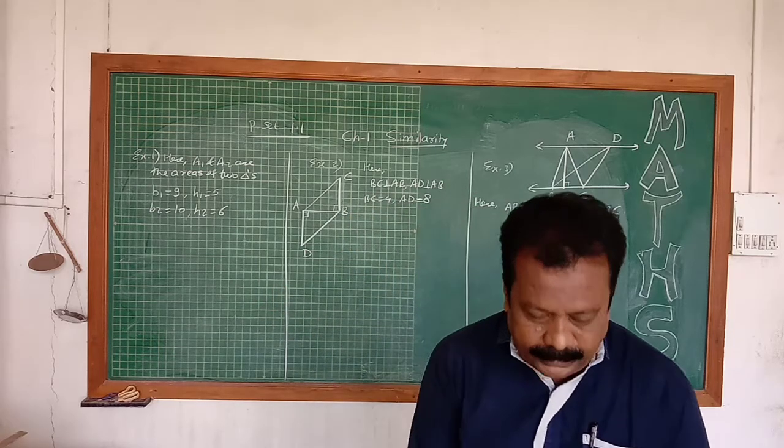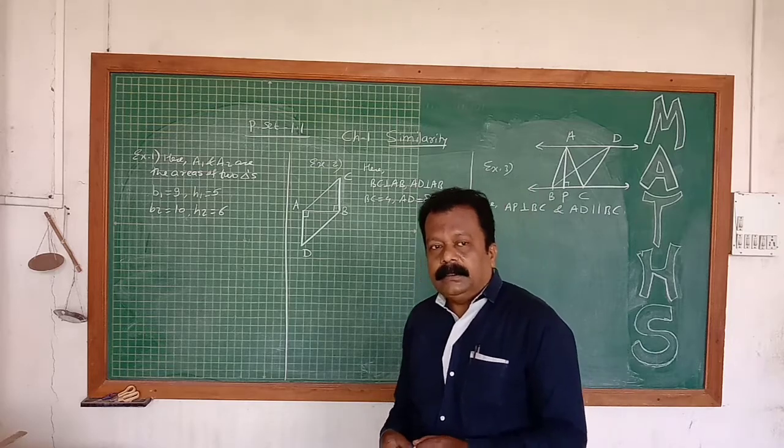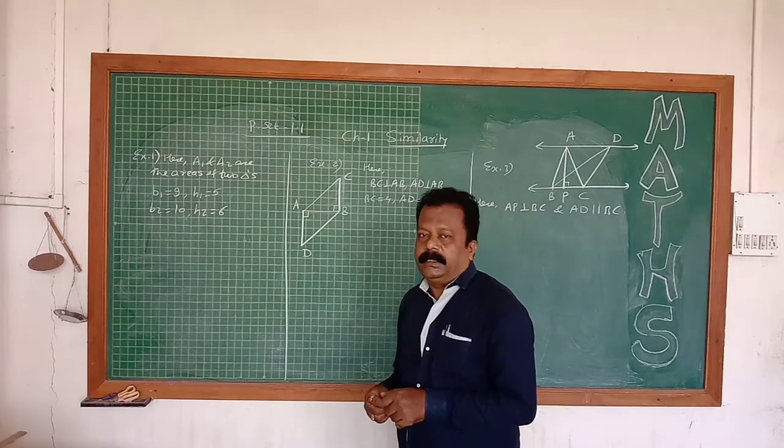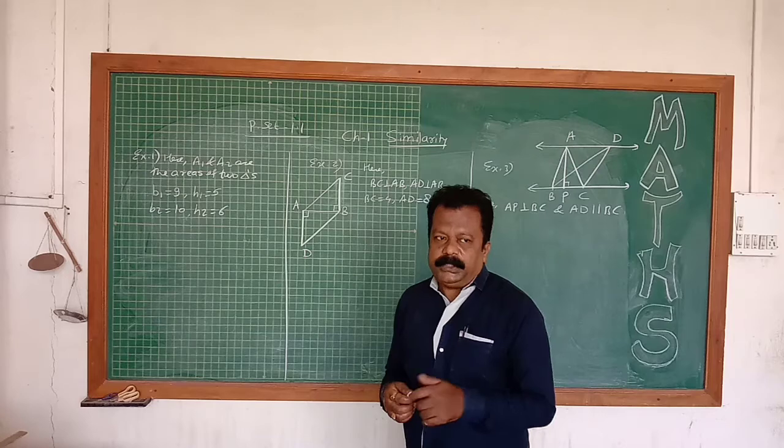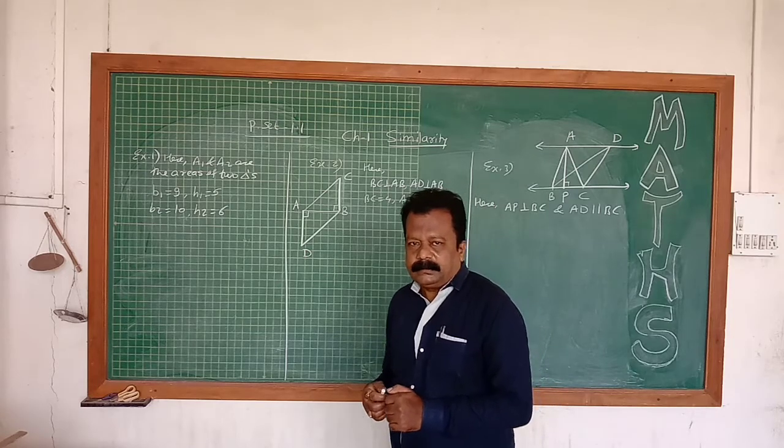Now base and height are given. Then how to find the ratio of the areas of the two triangles? Which property do we have to use? Yes, correct, property number 1.